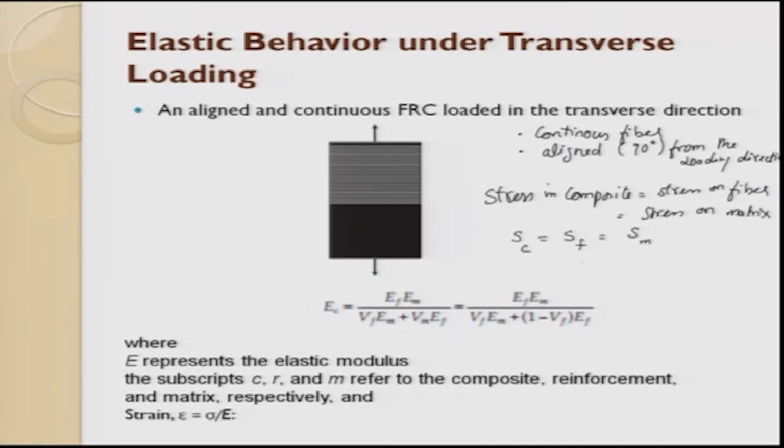What is this terminology called? Here it is isostress. In the previous case we saw the isostrain state, here it is the isostress state. So the deformation in the constituents or the composite can be written as DC is equal to E of C into T of C. Here I will write it in words so that you can remember it.